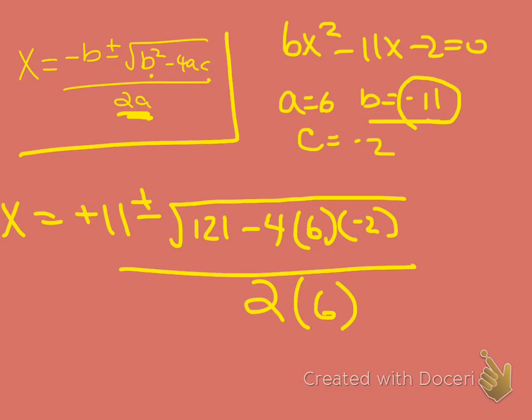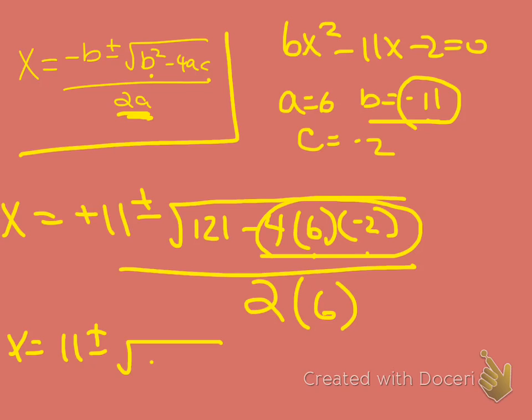So we do our x equals. I keep my 11 plus or minus, and at this point, if it's too many big numbers, you just get your calculator out. You type in 121 minus 4 times 6 times negative 2, or you can do it in your head, but get one solid number to put right there. Careful, the multiplication gets done first. So 4 times 6 is 24, times negative 2 is negative 48.